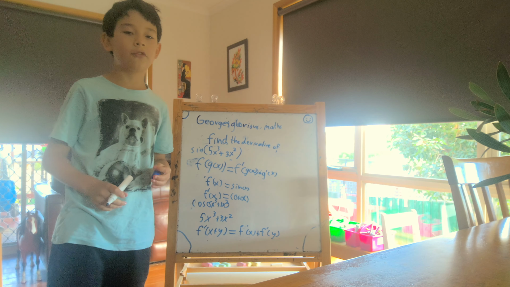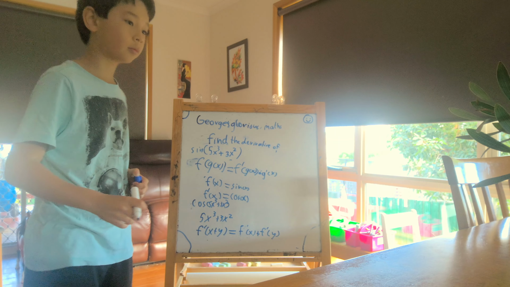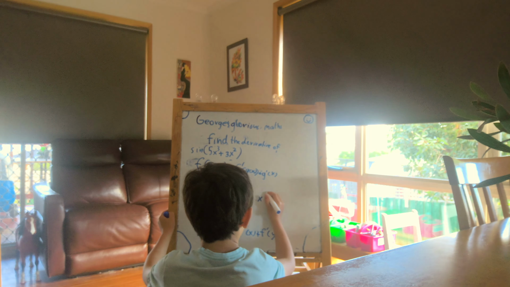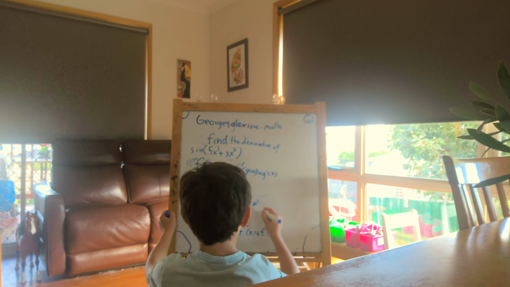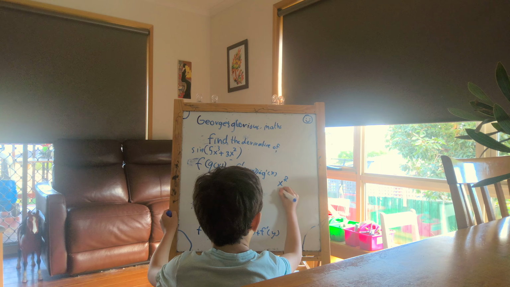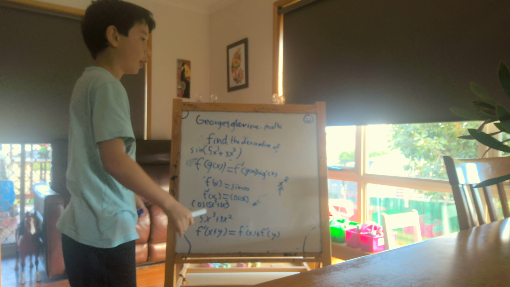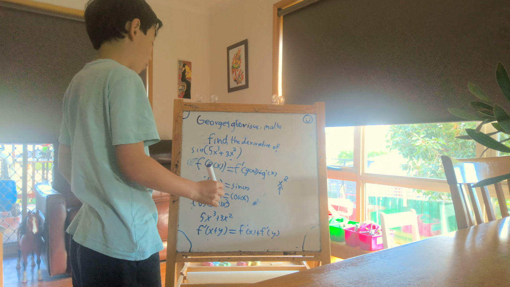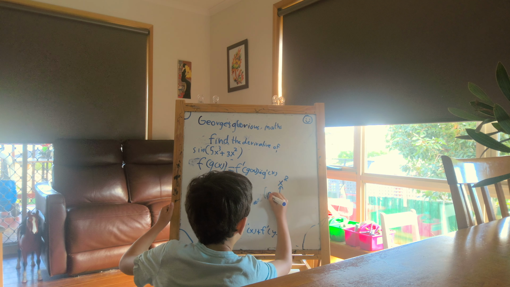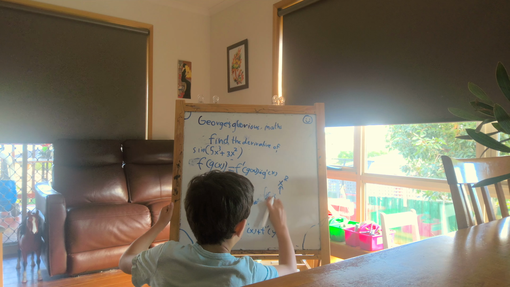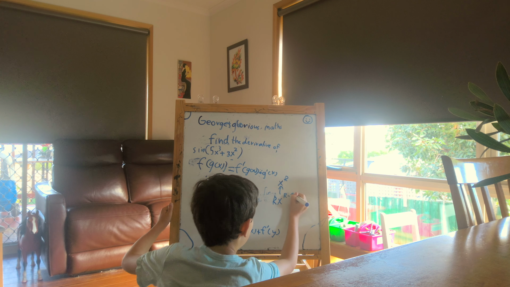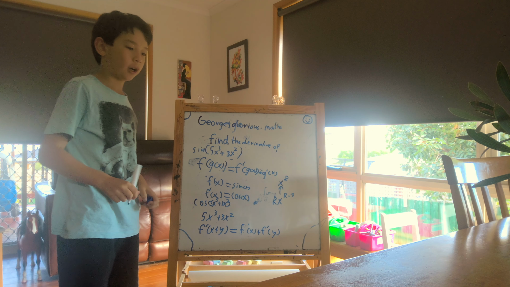Now, for any function x to the k, the derivative will be k times x to the power of k minus 1.